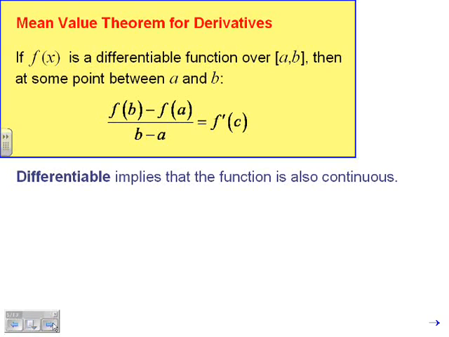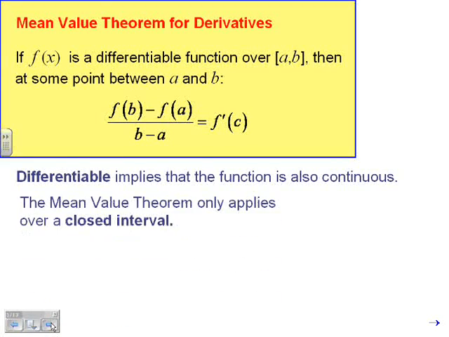But to be able to take the derivative, it had to be continuous. The mean value theorem only applies over a closed interval. So that's another big restriction for it. You do have to have set limitations, and those limitations have to include the endpoints.